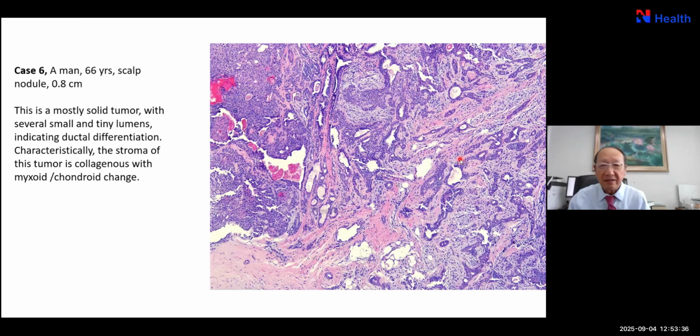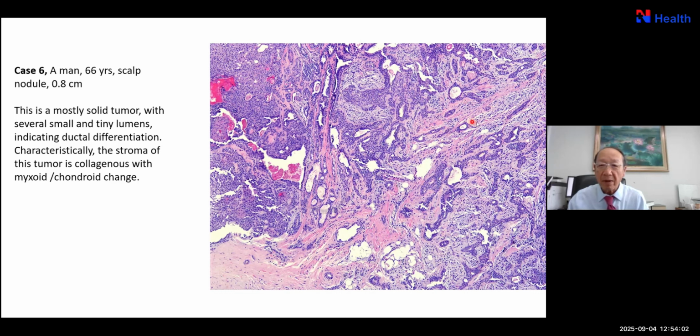Now, another lesion of the tumor, a man 66 years old, lesion of the scalp, the size about 8 millimeter. This tumor has a solid and small, tiny, cystic-like ductal component.